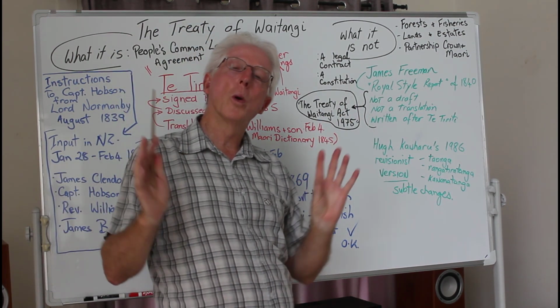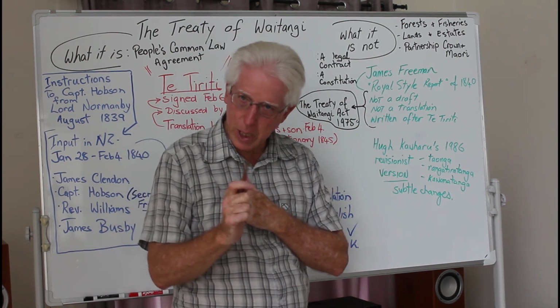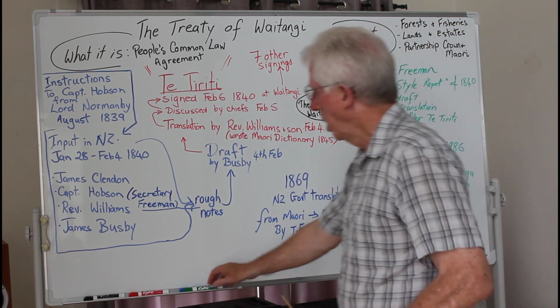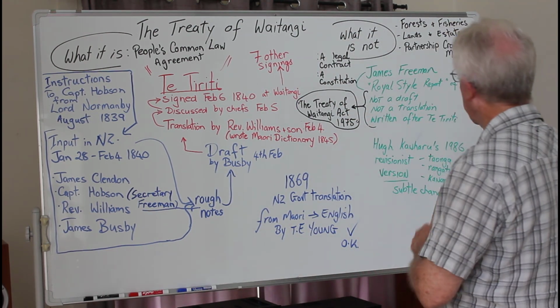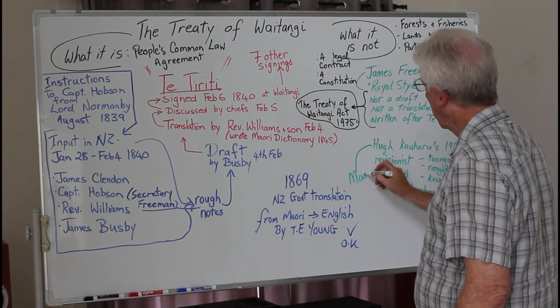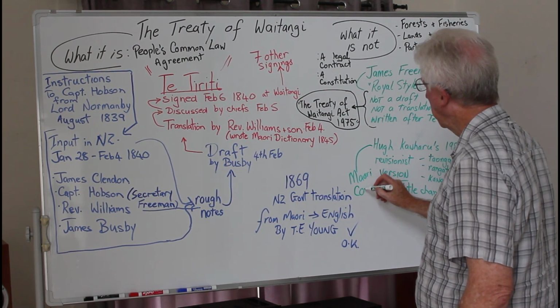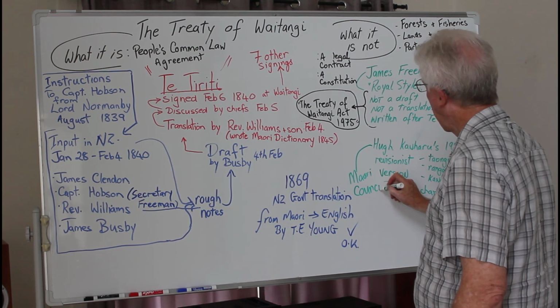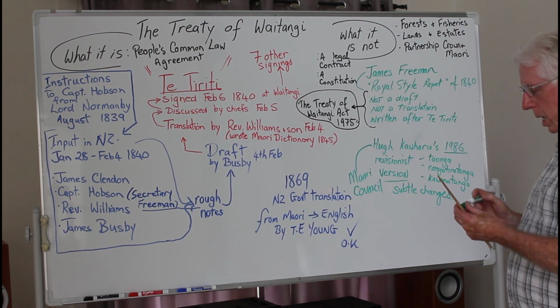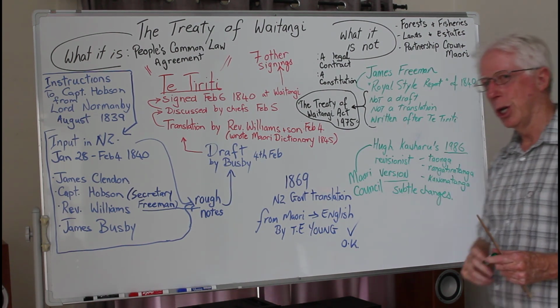Just to muddy the waters a little bit more, but we understand now how clear this can be, Professor Hugh Kawharu, and I'm going to add one more thing with his name, Maori Council. So he, in 1986, did a revisionist version.